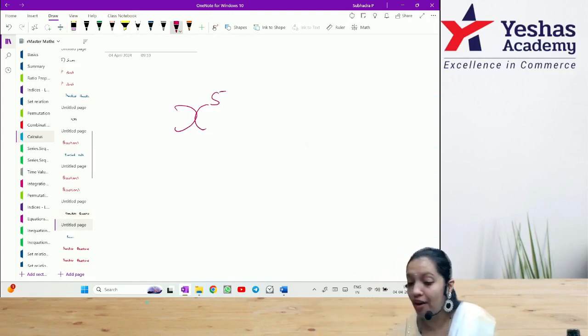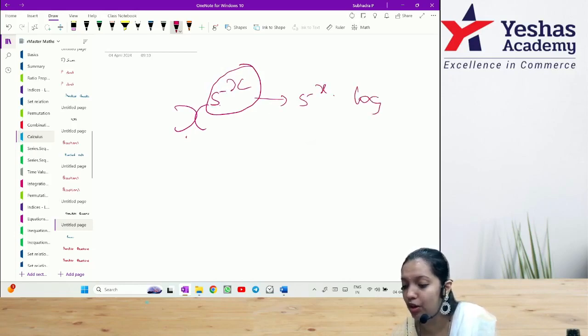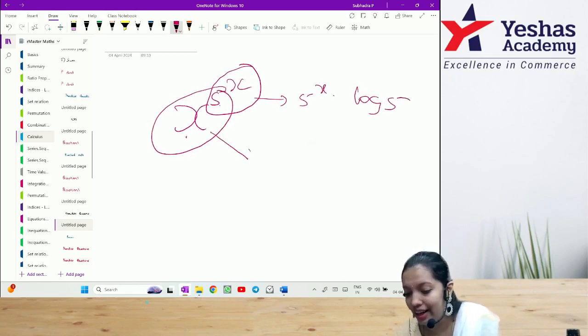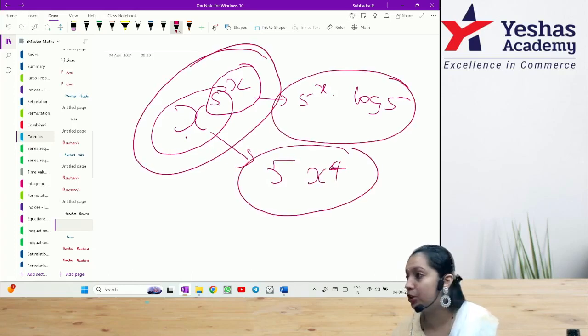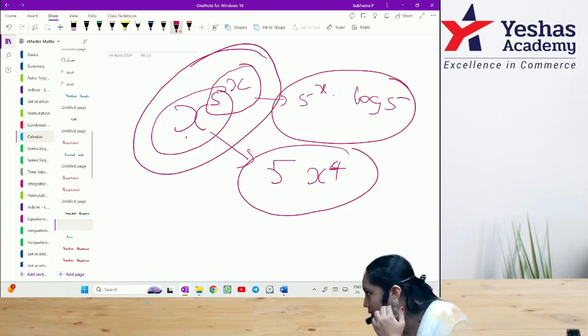What if I give 5 power x power 5? For 5 power x I have 5 power x into log 5, and for this I have 5 into x power 4. So two different things are mixed together. This is known as a composite function.